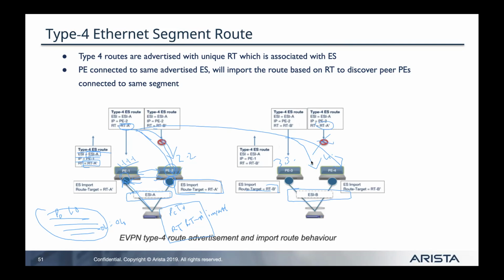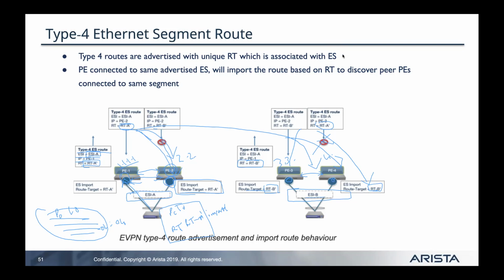But when PE3 sends its own local route target, the type 4 route, that will be installed on the other one, and vice versa. So they will also know that we are peers of each other because we are sharing the same route target value, and then they will share the MAC addresses for that Ethernet segment.